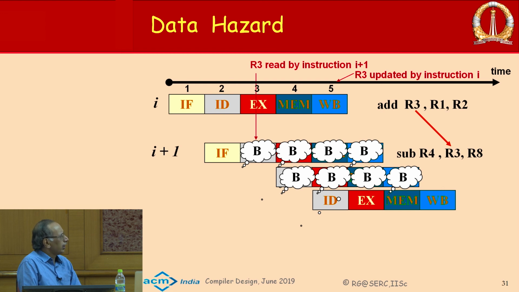If that is not the case, I can do it in cycle 6. So, it is either 2 stall cycles or 3 stall cycles depending on how aggressive my hardware is, but essentially there is a stall, right. Because of the dependency there is a stall, and that stall causes these bubbles, understand.